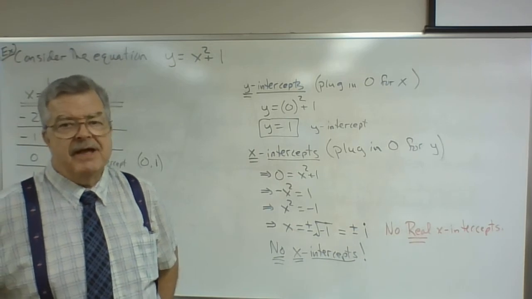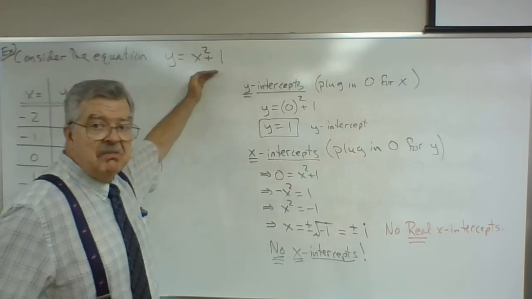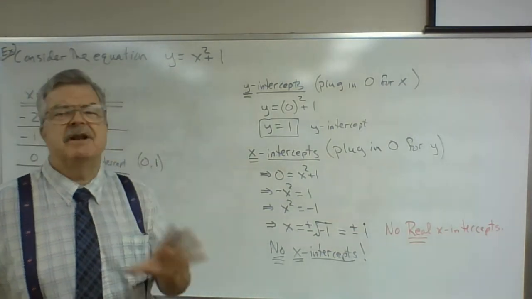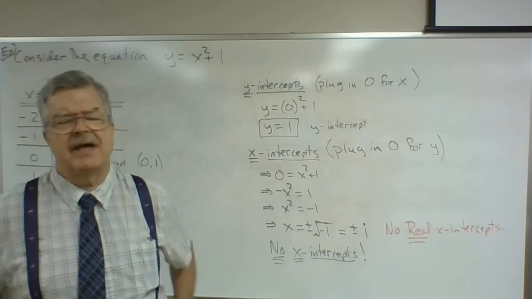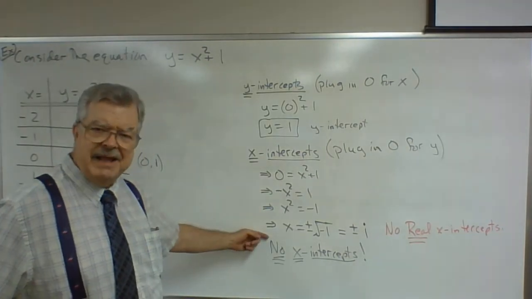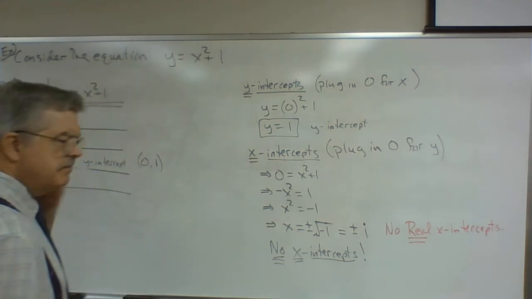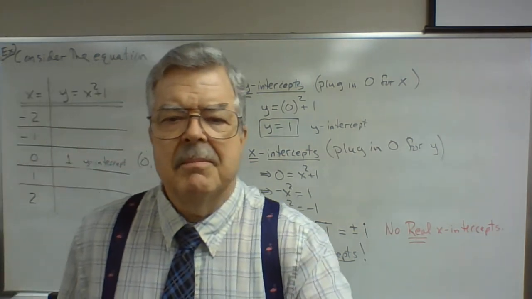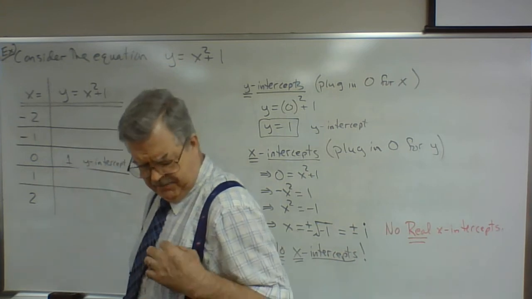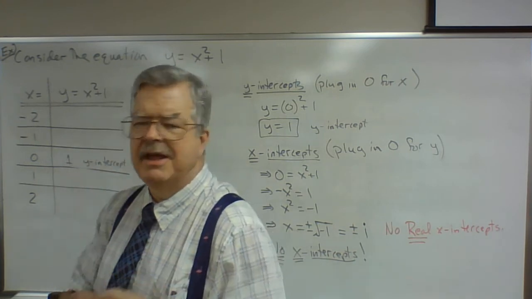The graph has to be above the x-axis or below the x-axis, but it never crosses the x-axis. I think that's what this is telling me. Let me get some more points to plot, and maybe this will all make sense.